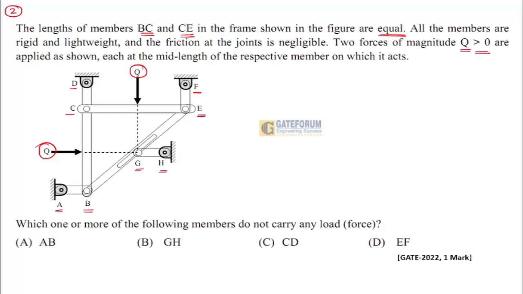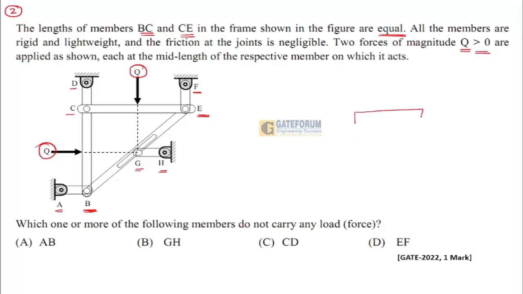So before going into the condition, I'll take the GH link. G is a slot there which can be moved, hence the force provided by member BE will be perpendicular to the member.